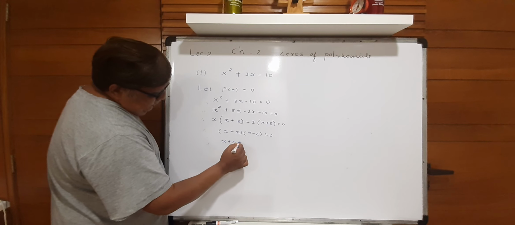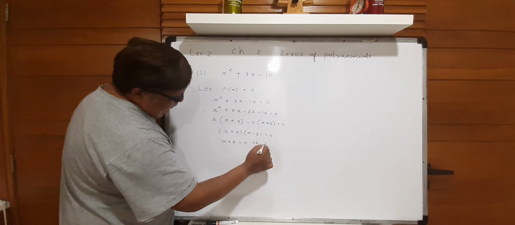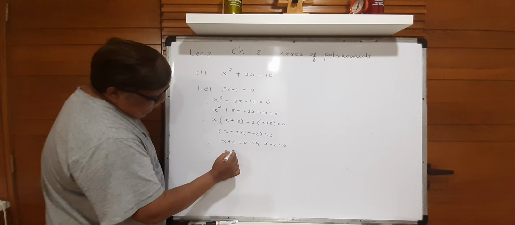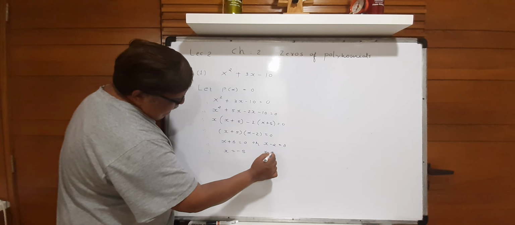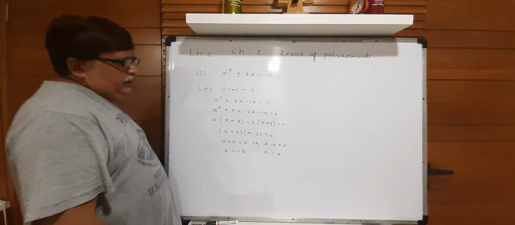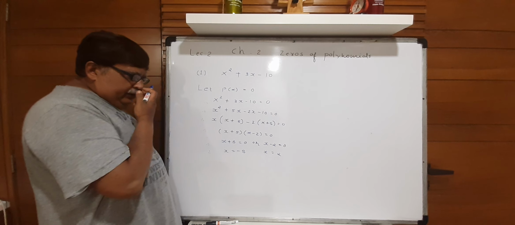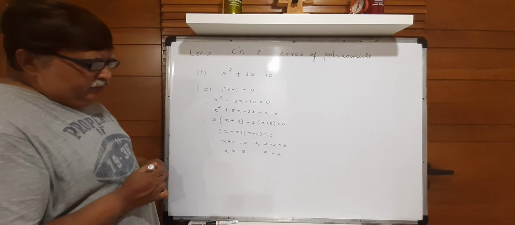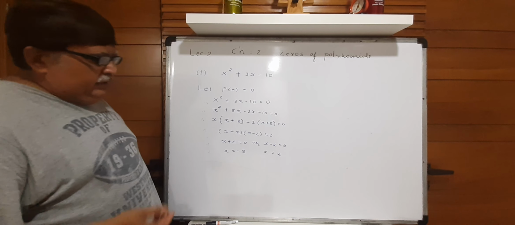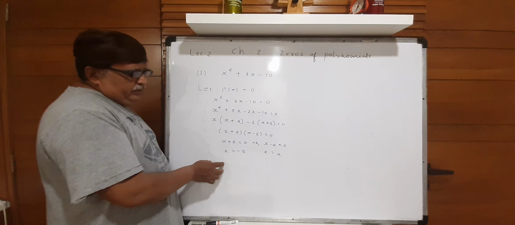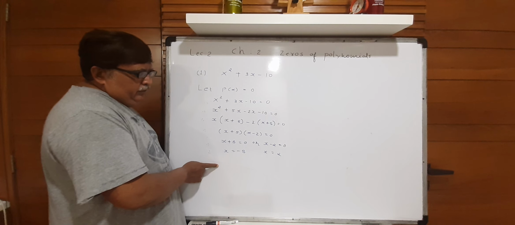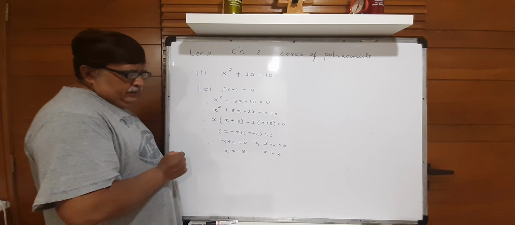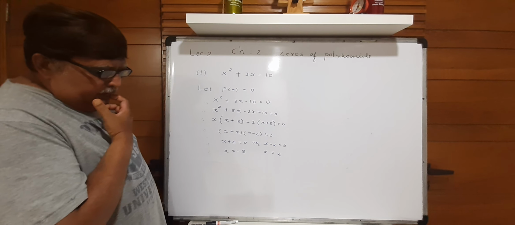X plus 5 equal to 0 or x minus 2 equal to 0. X equal to minus 5, x equal to 2. Finally, after you get this, you will write your answer that the zeros of polynomial are, I am not writing the statement, but you need to write what zeros of polynomial are, minus 5 and 2.